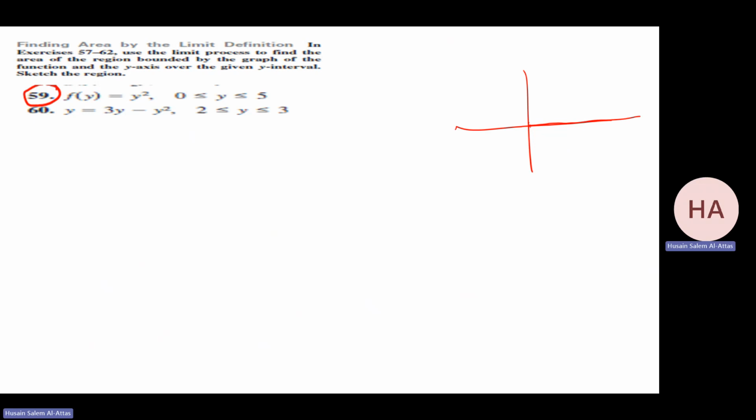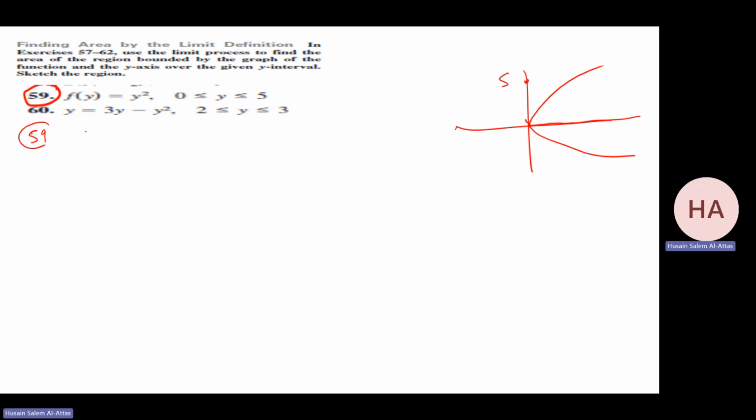Going this way, this is the function. So I'm doing it from 0 to 5. I'm doing the rectangles horizontal, not vertical. Okay, so do the calculations.